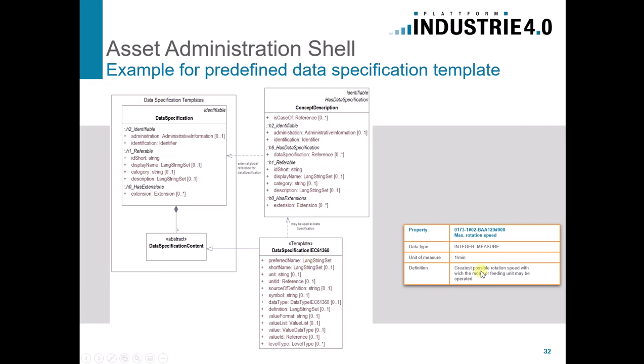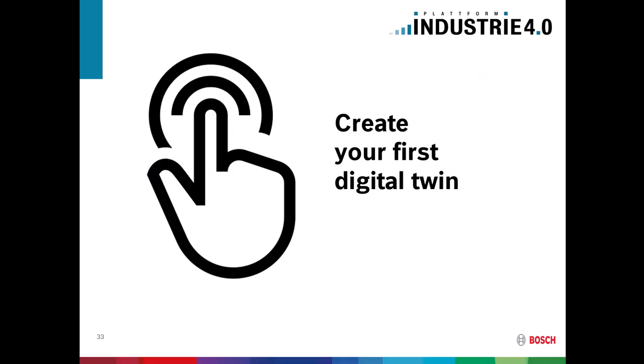So as you saw before, this is a typical concept description with a data type, unit of measure, and a definition, a preferred name, that's the maximum rotation speed, and so on. So this is expressed via this template. Okay, so these are now the basic concepts of the Metamodel.